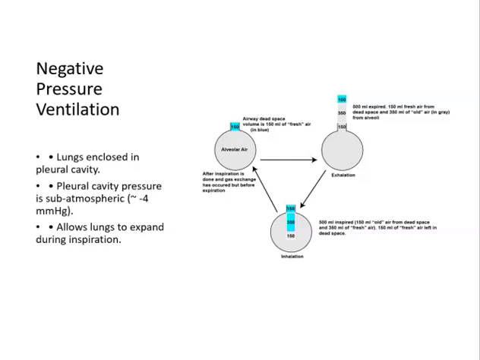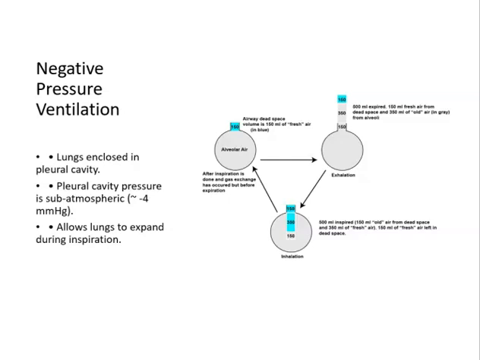During inspiration, the diaphragm contracts and the thoracic volume increases, which creates a more negative intrapleural pressure, allowing air to flow into the lungs. Expiration is usually passive, where the diaphragm relaxes and pressure returns towards the baseline.